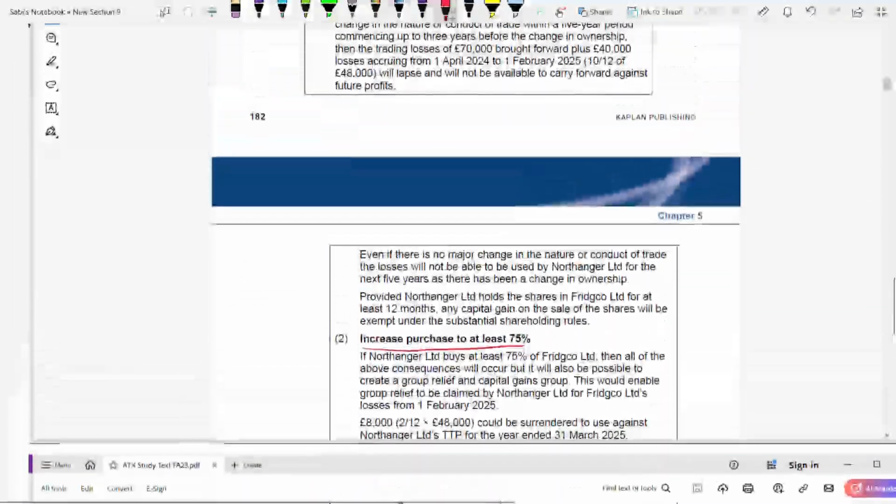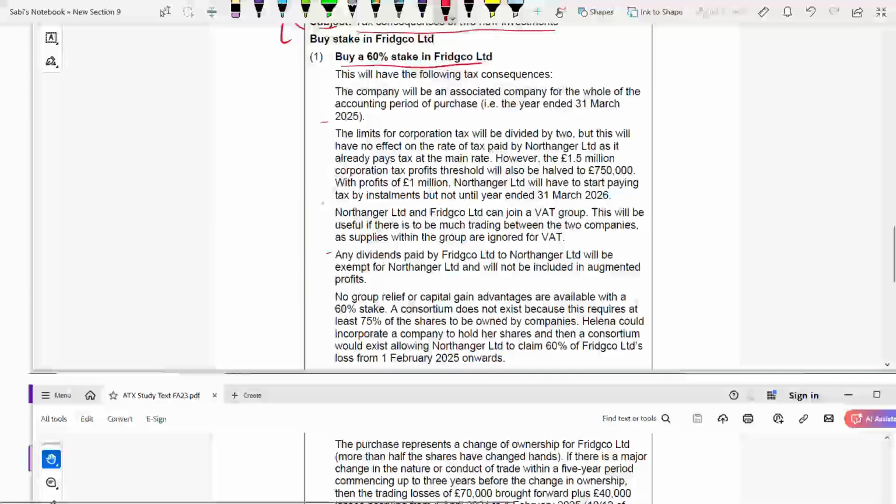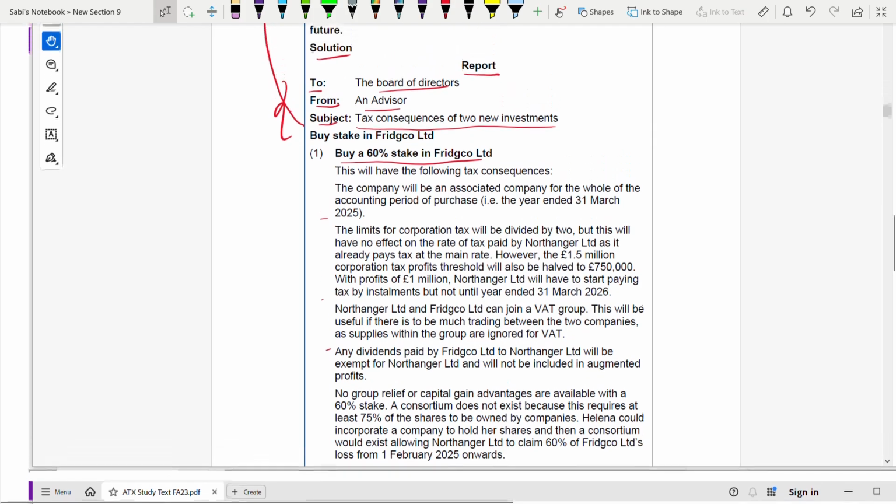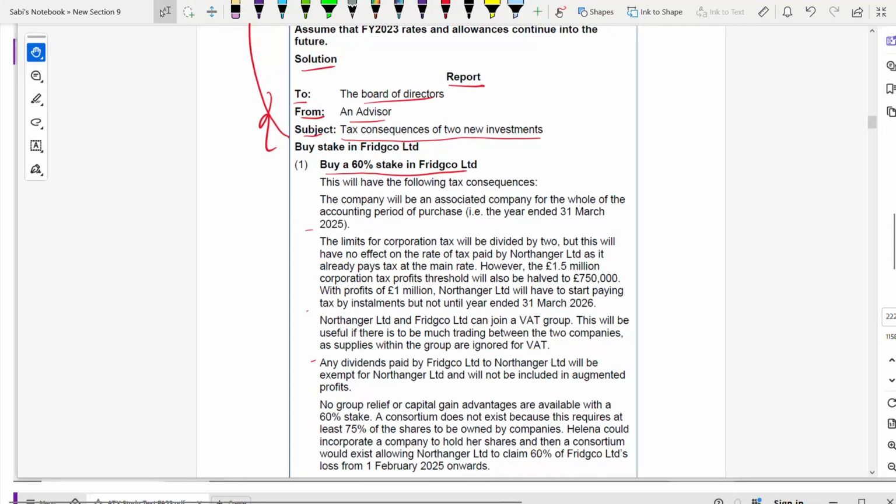So now, first we'll see the tax consequences. Before going to tax consequences, whether you have a branch or a subsidiary, always check whether they are an associated company or not.